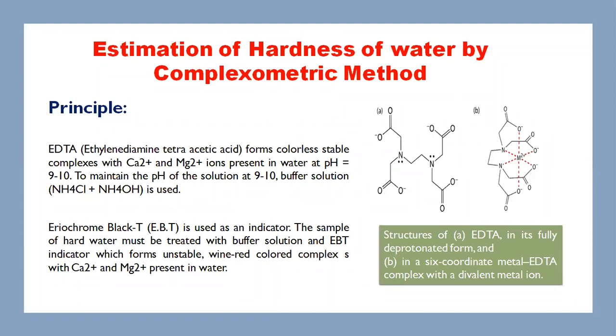EDTA forms colorless stable complexes with calcium and magnesium ions, whereas Eriochrome Black T forms an unstable wine red colored complex with the calcium and magnesium ions present in water.